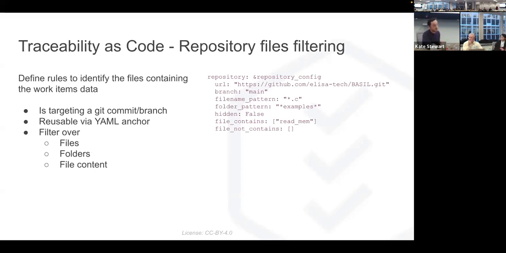Let's take an example. This is an example snippet for configuring a repository. You need to define the URL, the branch, so you can also target a commit, a file name pattern, a folder pattern, and you can also ask whether the file needs to contain some tag or not contain it. Those are the rules that are supported. That is applied to each configuration. So for each work item, you can say, the requirements I want to look for in this repository using those rules.